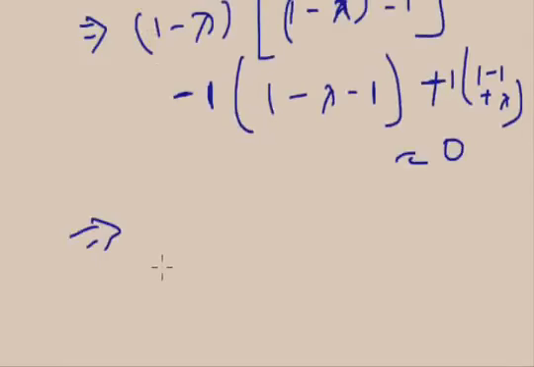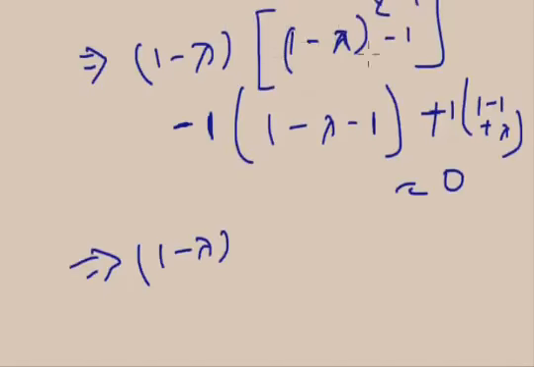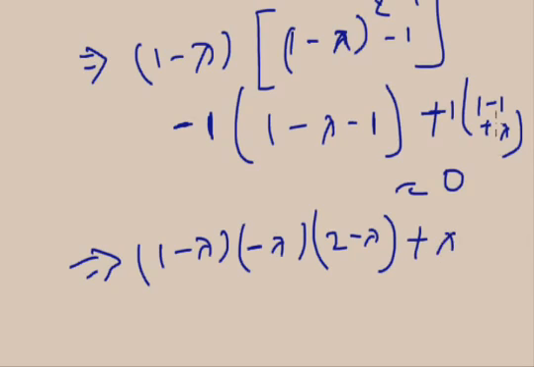So you will get 1 minus lambda is common, (1 minus lambda) into, and a square minus b square, you follow this rule. 1 minus lambda minus 1 means minus lambda, into 1 minus lambda plus 1 means 2 minus lambda, and here 1 minus 1 is 0, and minus lambda into minus 1 means plus lambda, and 1 minus 1 is 0 plus lambda.